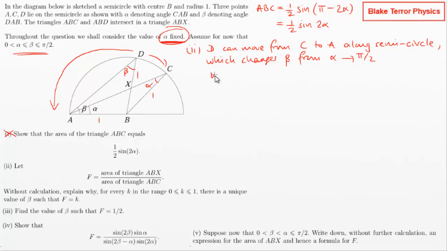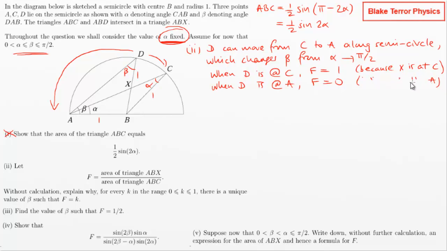When D is at C, then F equals 1, because X is at C. When D is at A, F is equal to 0, because X is at A when we move those all the way round.